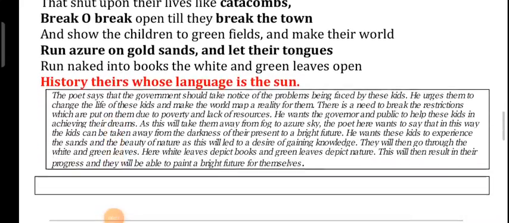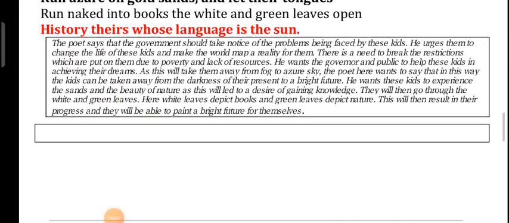So in the last stanza, the poet says that the government should take notice of the problems being faced by these kids. He urges them to change the life of these kids and make the world map a reality for them. There is a need to break the restrictions put on them due to poverty and lack of resources.